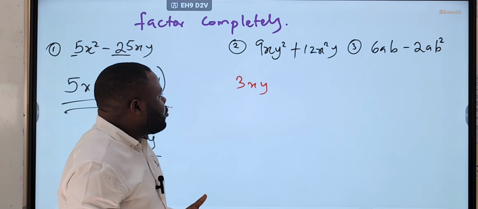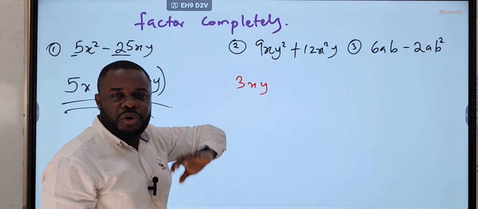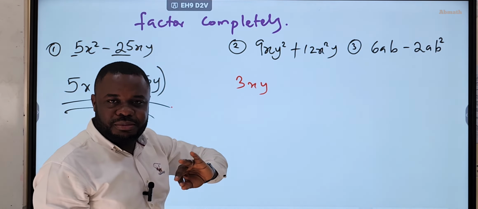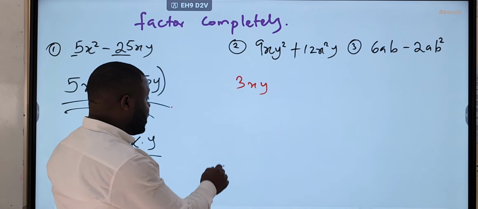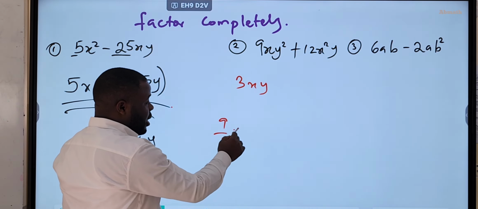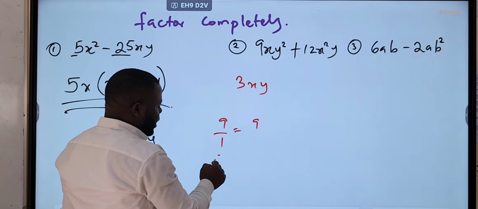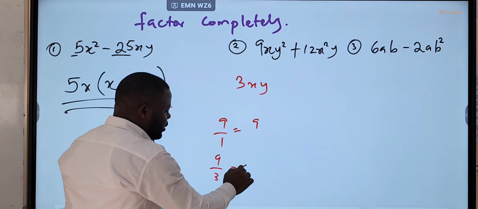Someone might ask, how did I know that it's 3? Which number can divide 9 without remainder and also divide 12 without remainder? 9 divided by 1 is 9. 9 divided by 2, there will be remainder. So 9 divided by 3 is 3.